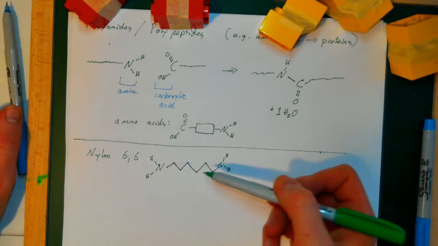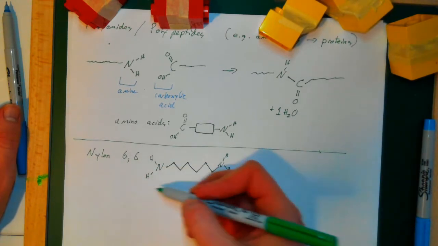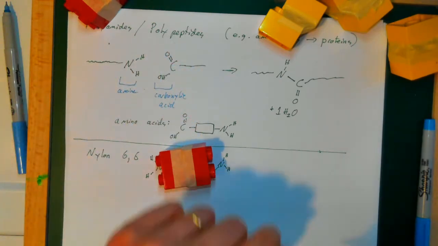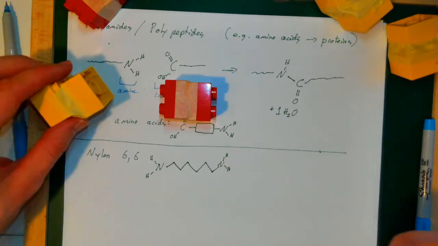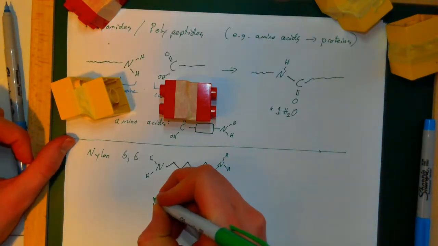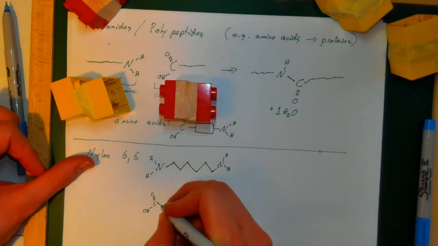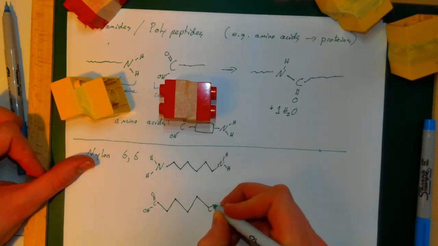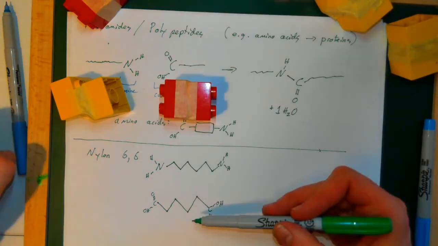I don't remember the exact name of it, but you can imagine there's this type of molecule, and then you could pair that with an equal amount of, 1, 2, 3, 4, 5, 6 carbons with another COOH on each end. And I think this one's called adipic acid.